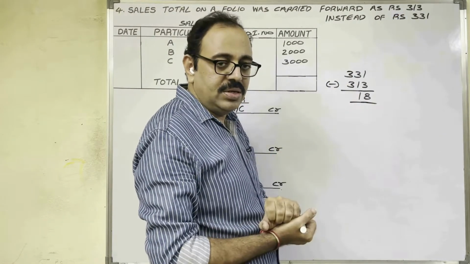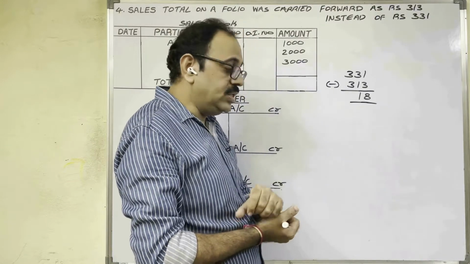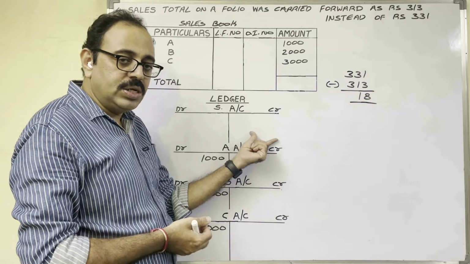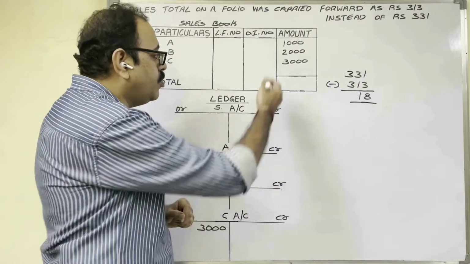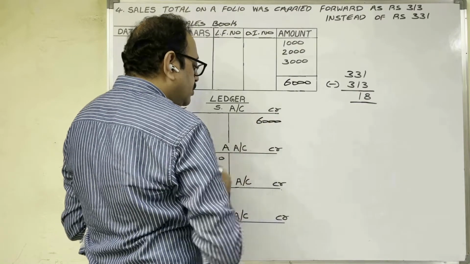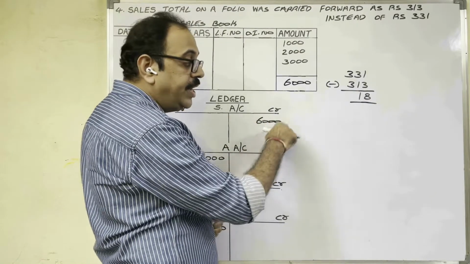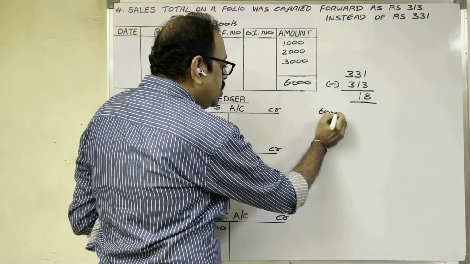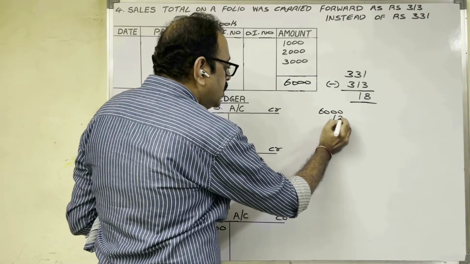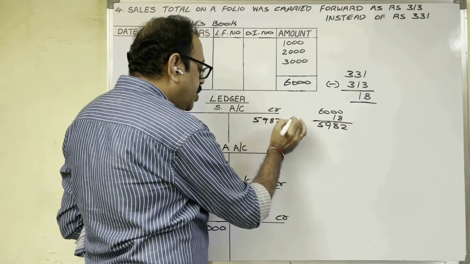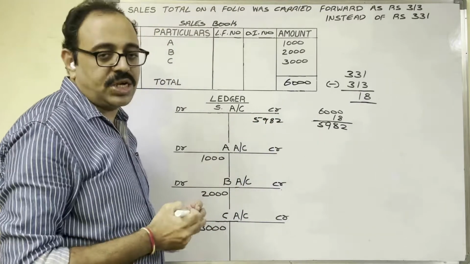This is a mistake. So how to rectify this? Sales account shows a credit balance. So credit side, suppose these are the amounts. 6,000 rupees. Instead of 6,000, 18 rupees less they have taken. Means 6,000 rupees minus 18 rupees, 5,982 rupees they have credited in sales account.